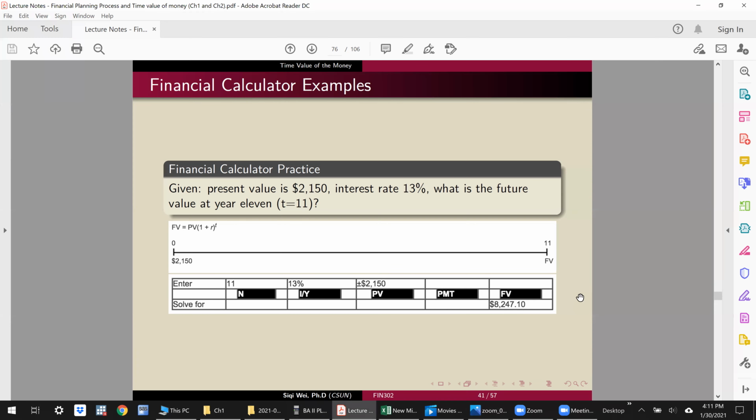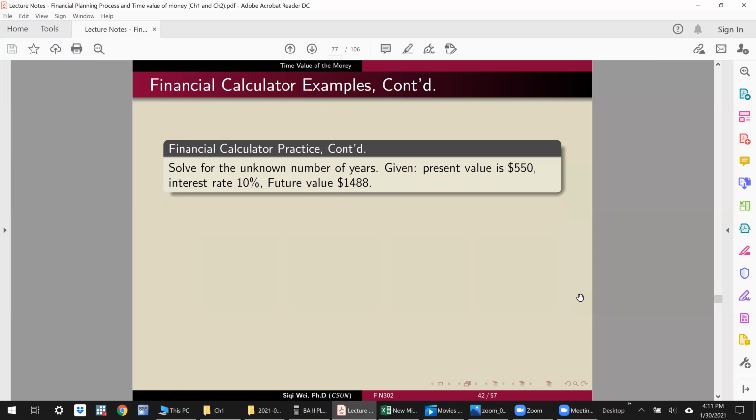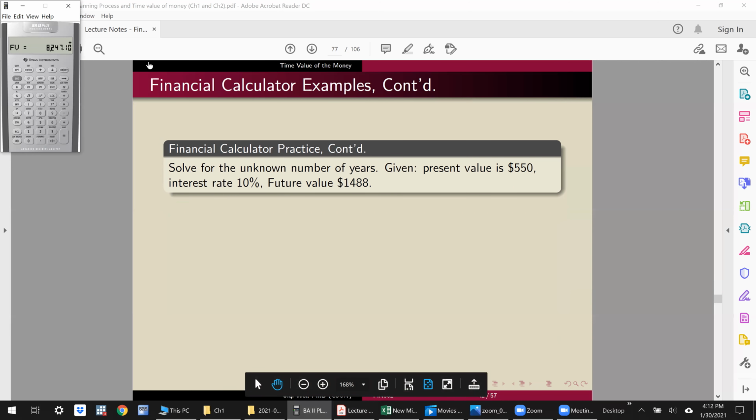Let's look at another example. Let's solve for the unknown number of years, given the present value of 550, interest rate of 10%, future value of 1488. Now you are asked to solve for the number of compounding periods. I want to remind you that if you do not erase the memory of your financial calculator, all the results will be rolled over to your next calculation.